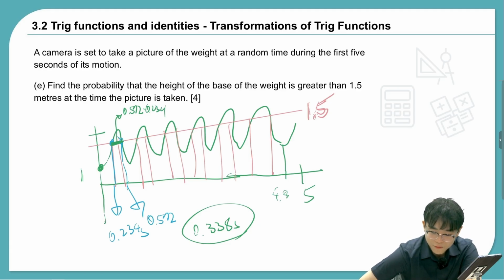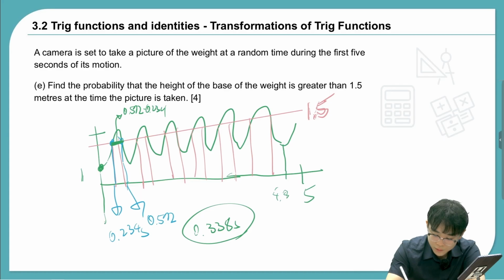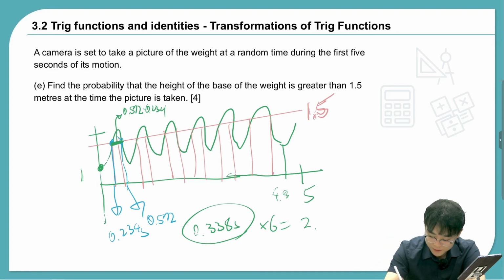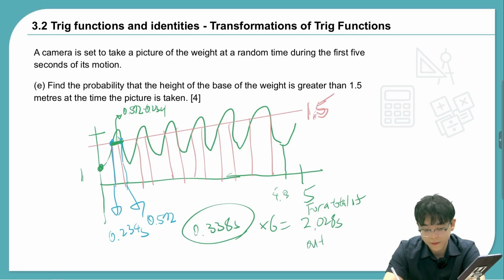And throughout the whole 5 seconds, there's not just one of these instances, but there are actually 6 of them. So we want to multiply that by 6. So for a total of 2.028 seconds out of 5 seconds, the height exceeds 1.5 meters.